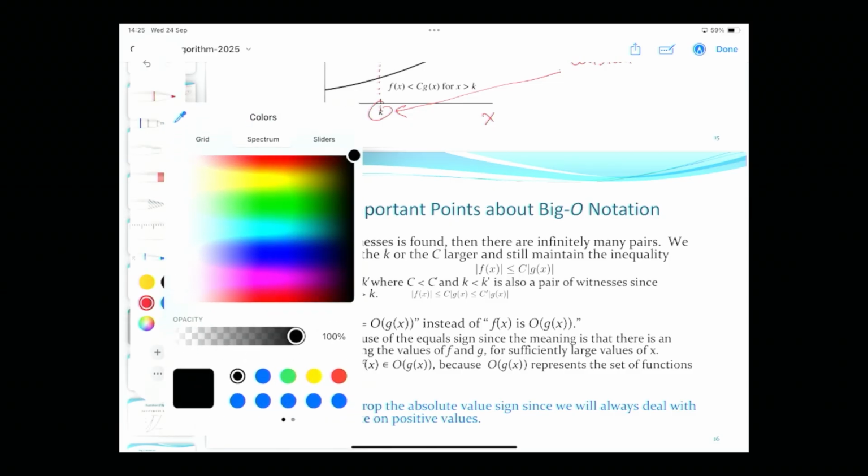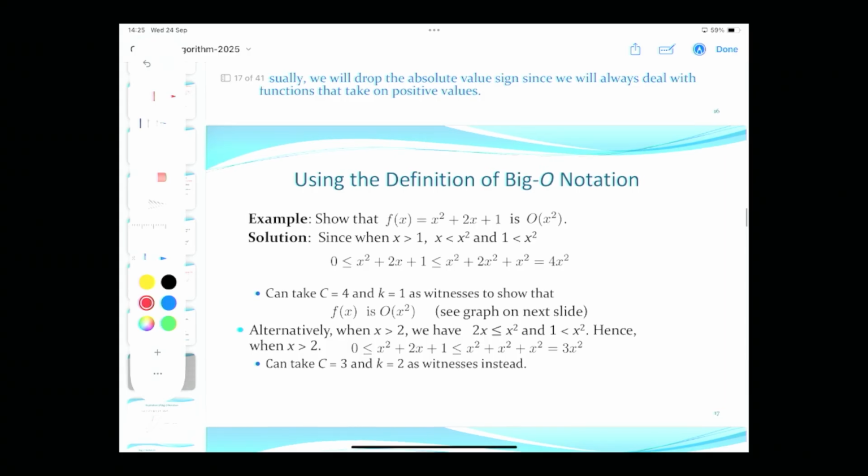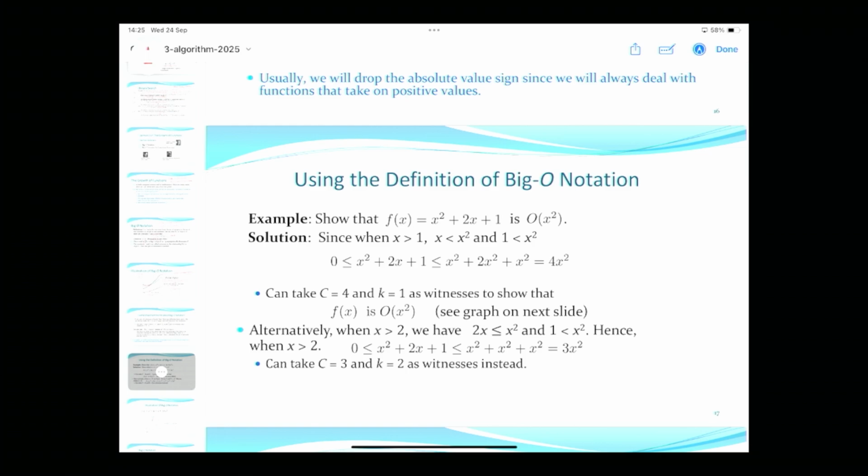Let's take a look at this example to verify the big O notation. Consider a function f(x) which is x squared plus 2x plus 1, and we want to find out if g(x) is x squared.